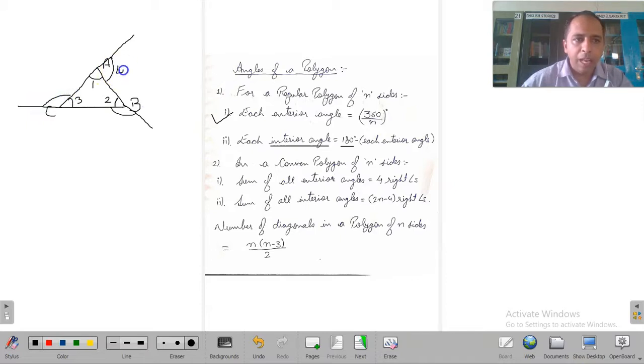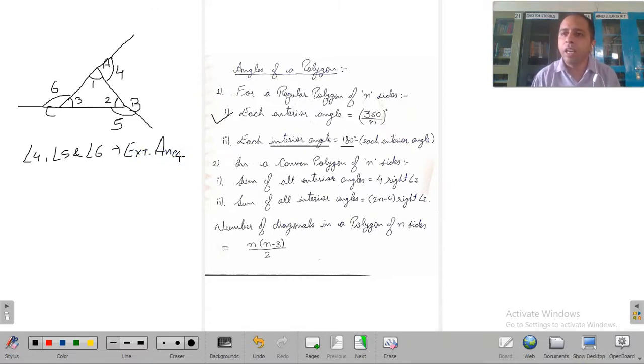Let them be angle 4, angle 5 and angle 6. These are exterior angles of this triangle. So angles 1, 2 and 3 are interior angles, while angles 4, 5 and 6 are exterior angles.